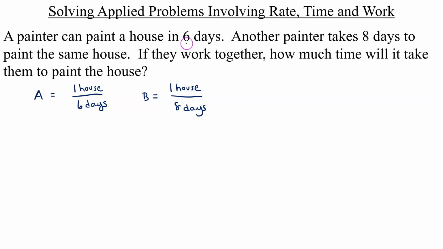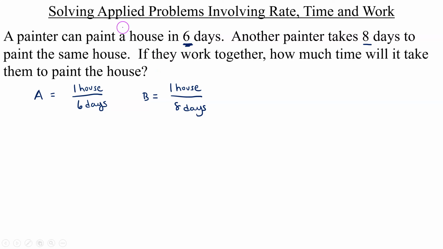A lot of times people think that what I should do is take the 6 and the 8 and average them, and that would mean it would take them 7 days. However, if you think about it, this painter by himself can do it in 6 days. So if he gets any help at all, even if the other guy is slower than him, it's going to take him less time. So we should expect that our answer is going to be less than 6 days.